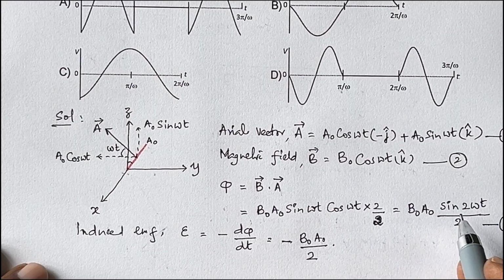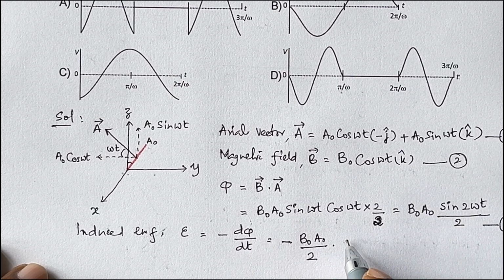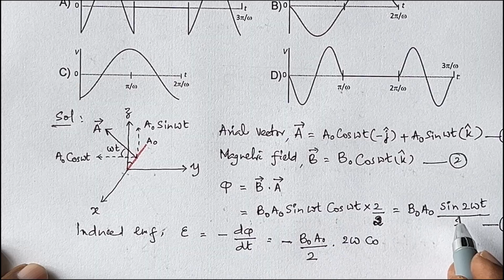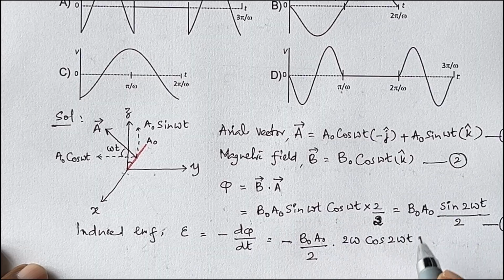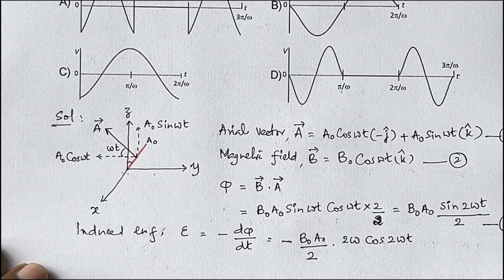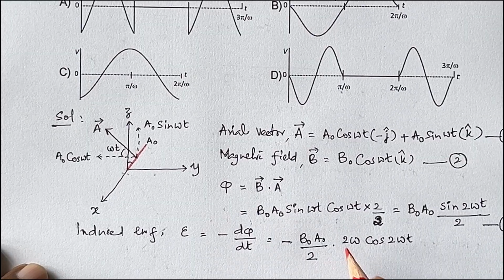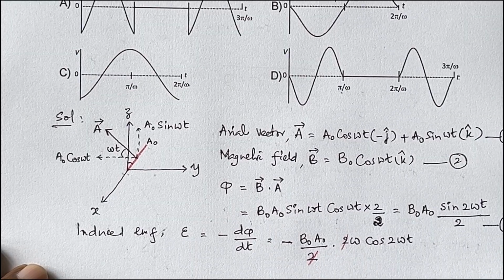Now d phi by dt, sin 2 omega t. So 2 omega sin 2 omega t cos 2 omega t. This is the differentiation. So here 2 and 2 will cancel.